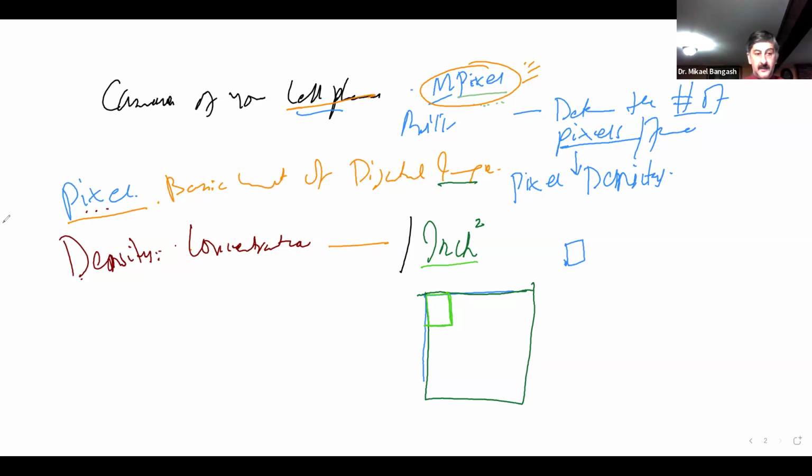Now the pixel density is just going to be how many pixels we have in this 1 square inch of your image. That is going to become your pixel density.